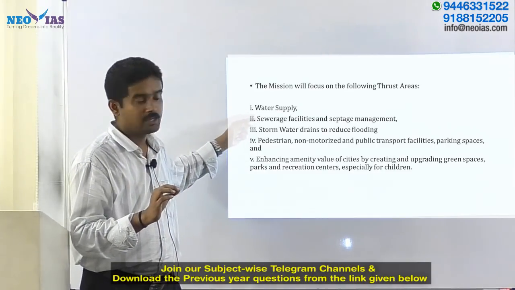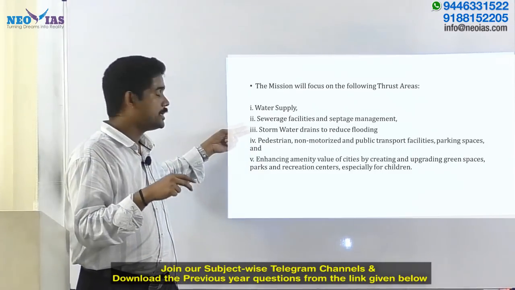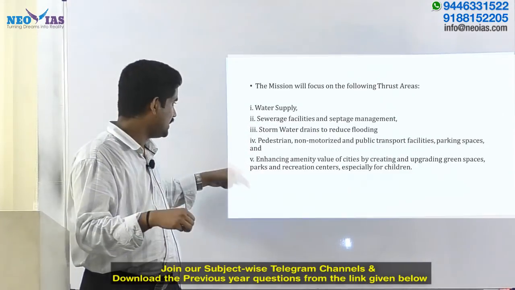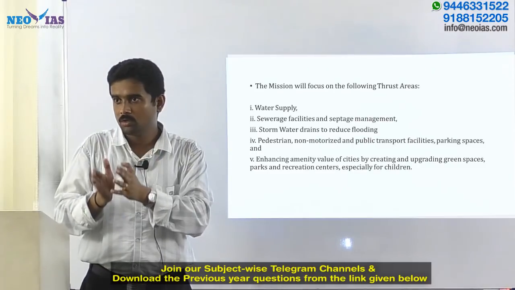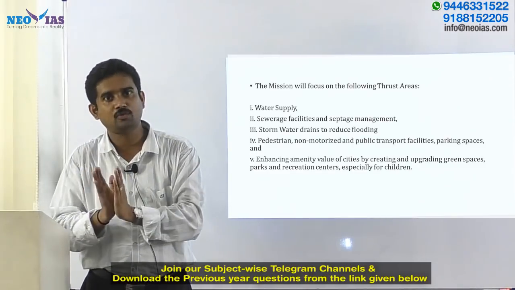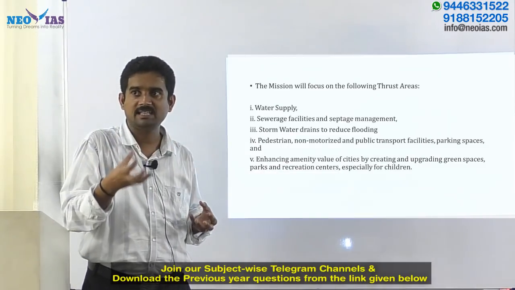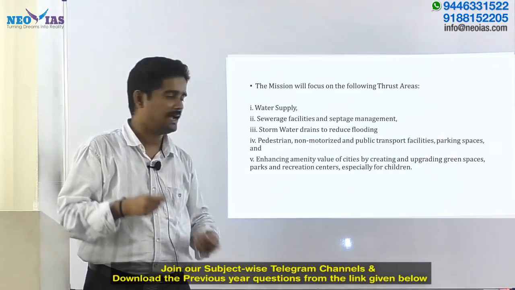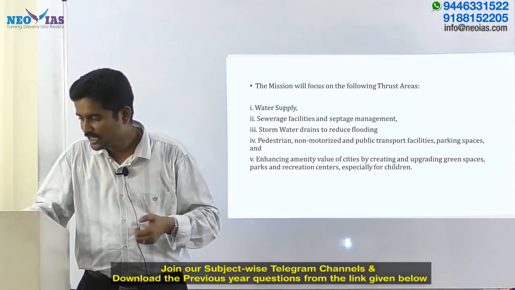Water supply, sewage facilities as well as septage management, then stormwater facilities management to avoid flooding, then pedestrian and non-motorized transportation modes, so there should be specific avenues for that, and last is to ensure green spaces in the city so that people can have a comfortable life there, especially taking care of the child in mind.